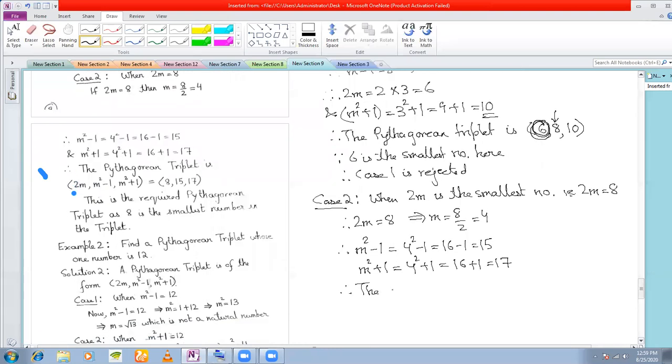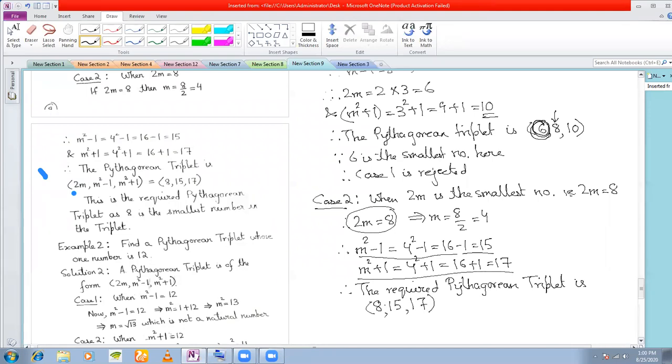Therefore, the required Pythagorean triplet is 2m, which we have taken as 8, m square minus 1, the value we have found out to be 15, and m square plus 1, we found out to be 17.